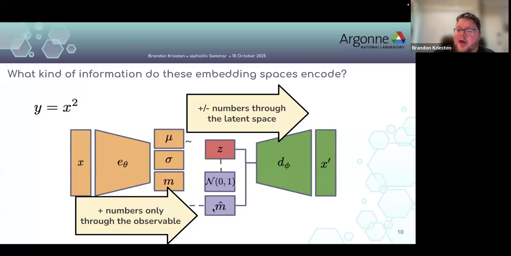And so the information on the negative numbers has to be collected in this latent space Z. As we get the positive and negative numbers here and strictly positive observables here and pass them through our decoder, we can end up collecting all of the missing information that was abstracted away in the forward mapping. So it collects missing information.